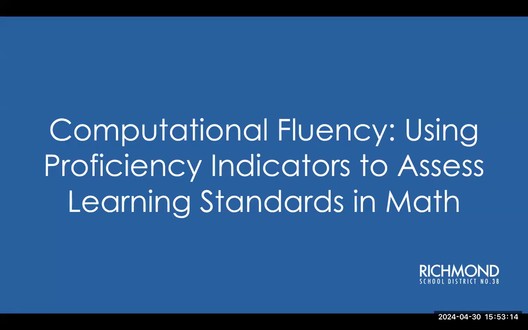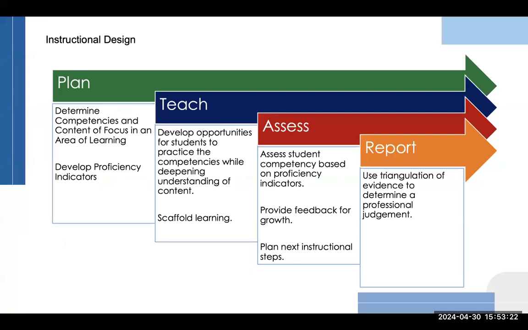with it. So once you have a tool like that, how do we use them to assess the learning standards in math? We are going to be able to think about this on sort of a broader scale. Once you have proficiency indicators, that's sort of the plan mode, right? We've determined kind of what our indicators for proficiency are.